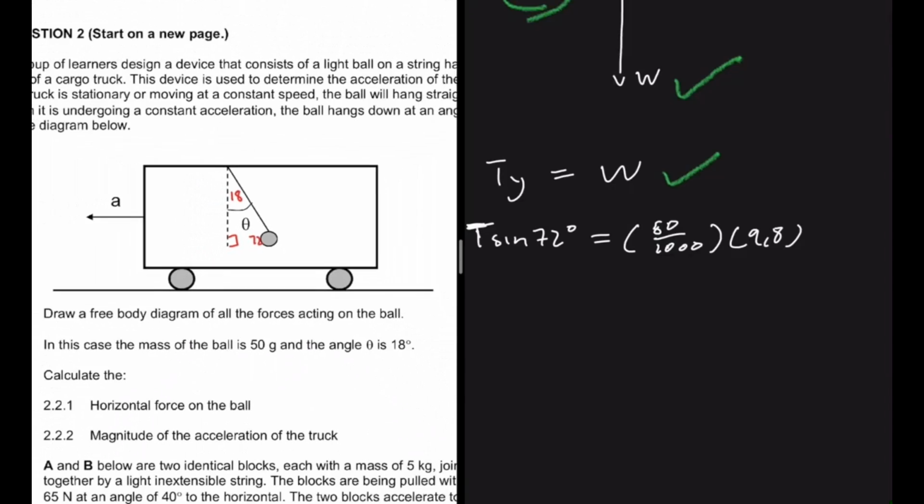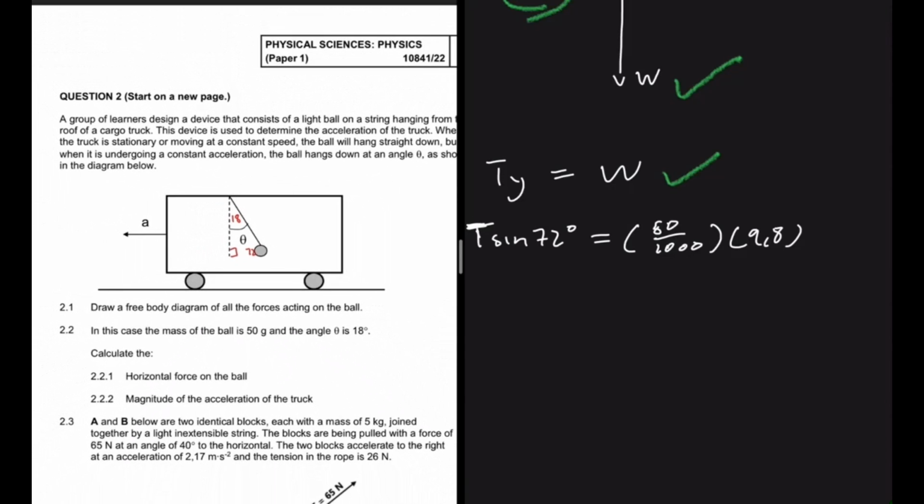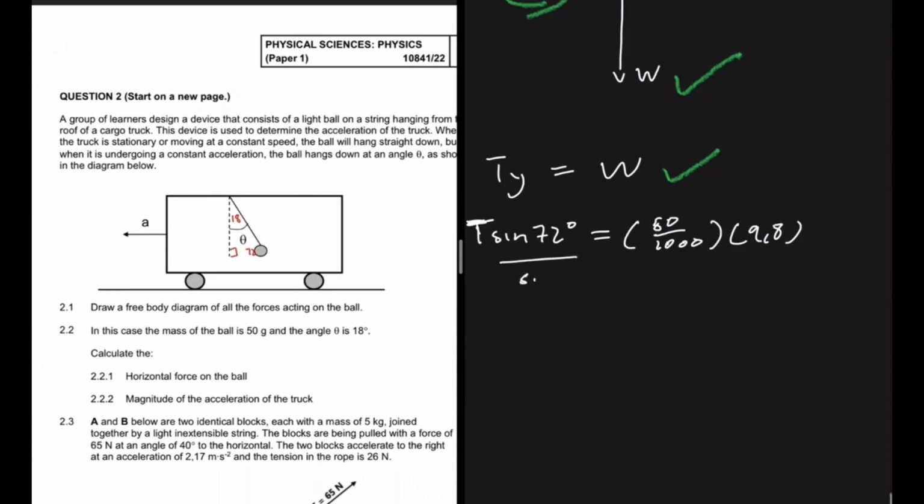It's easy to see now that we're going to divide both sides by sine of 72. If you do that, you should get the tension being equal to 0.5152 newtons.